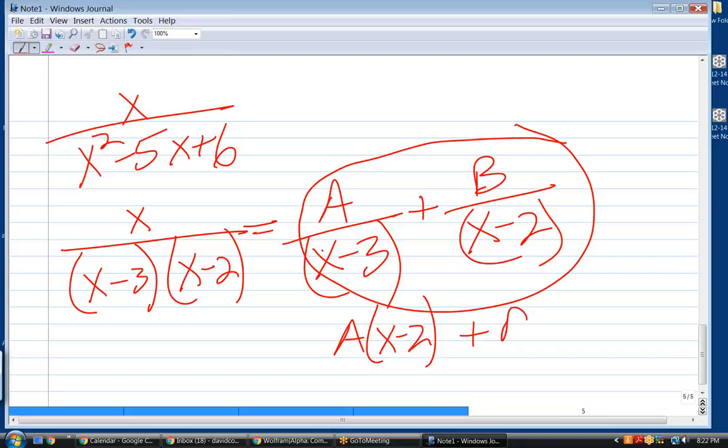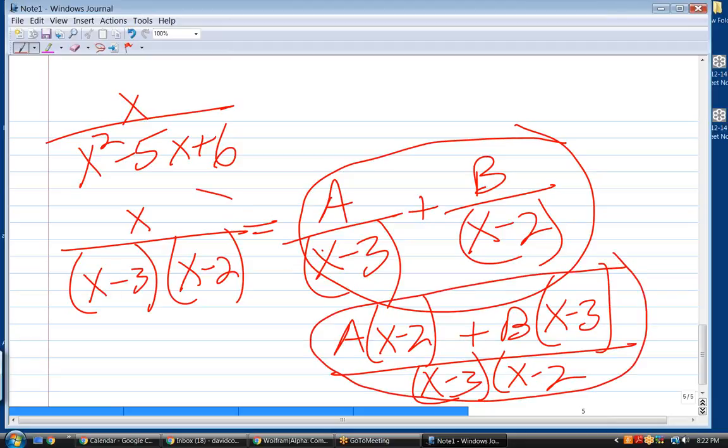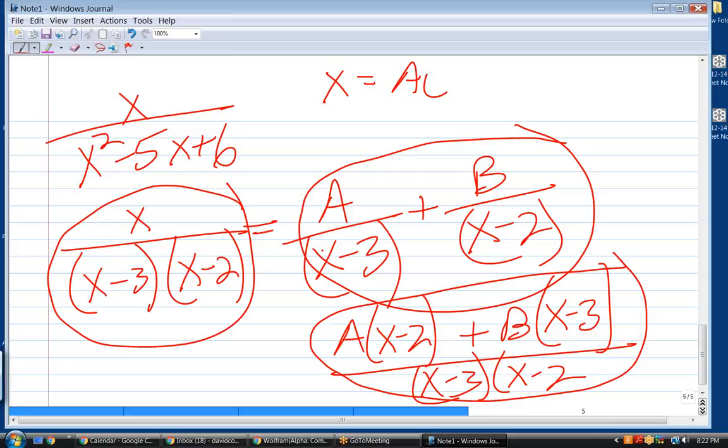Plus b times x minus 3, all over x minus 3 times x minus 2. So now I can go back and say, well, if this is true, and it's equal to this, then x must be equal to a times x minus 2 plus b times x minus 3.